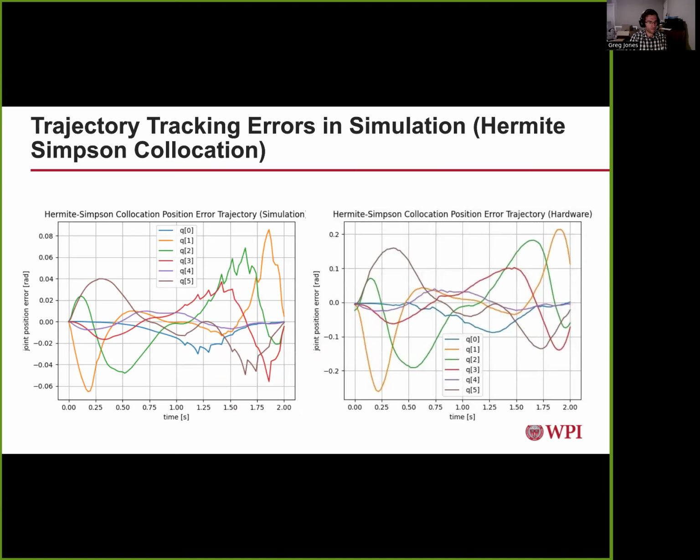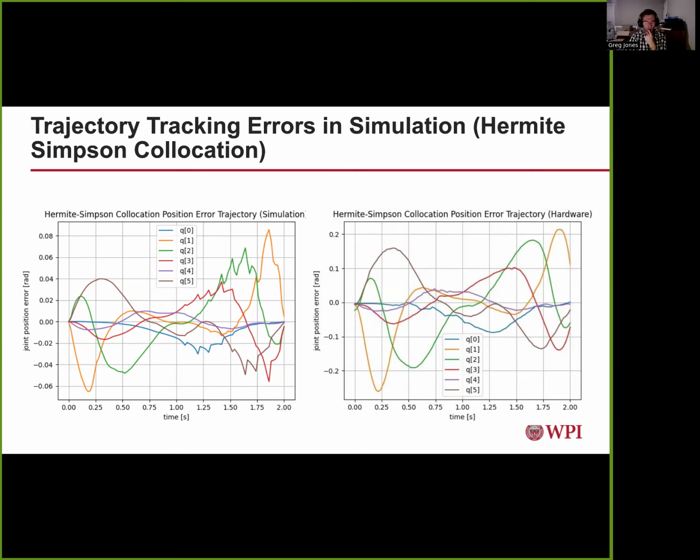So, yeah, for Hermite Simpson again, there's a minor error in the title here, but it's the trajectory tracking errors for Hermite Simpson.